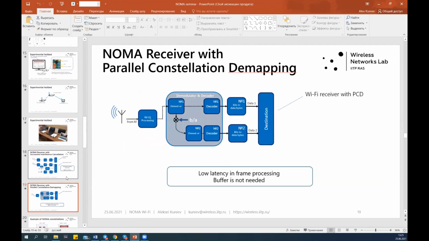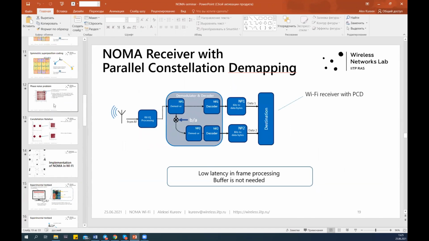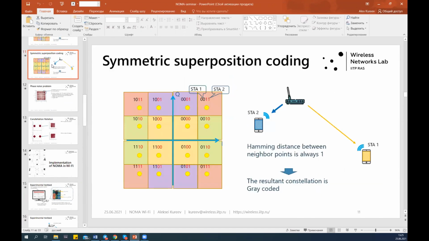Yep. So if we consider parallel constellation demapping, the idea is to have a general view on the whole signal constellation. For example, consider a very simple constellation, like 16 QAM.